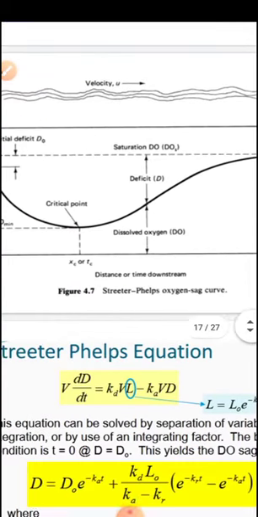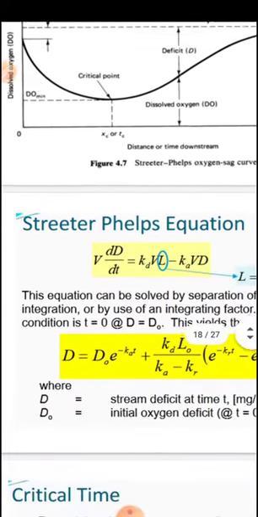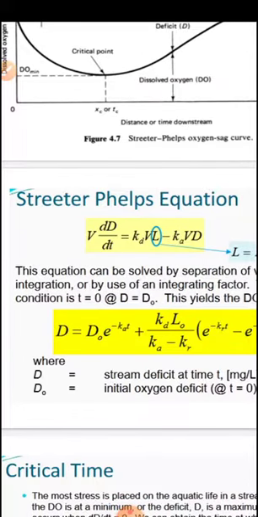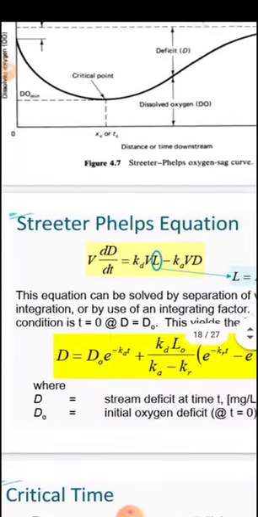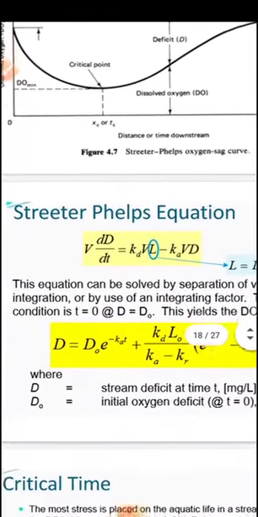So here is this Streeter-Phelps equation. Basically this equation is derived from balancing two things. And what are those two things? Those two things are the rate of regeneration of oxygen and the rate of depletion of oxygen.